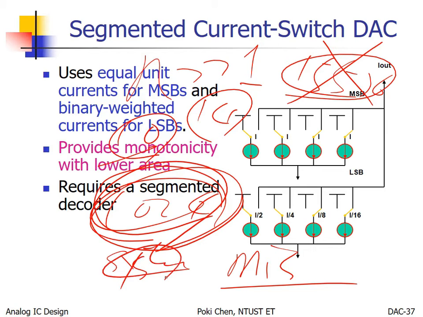But we have two kinds of mismatches. One is systematic, which will be handled with very good layout or calibration. And the other one is random mismatch. How to handle it? The random mismatch standard deviation is inversely proportional to the square root of the device area. It means for such current sources, which have a lot of transistors, the current controlling transistor is the most important one you need to care about.